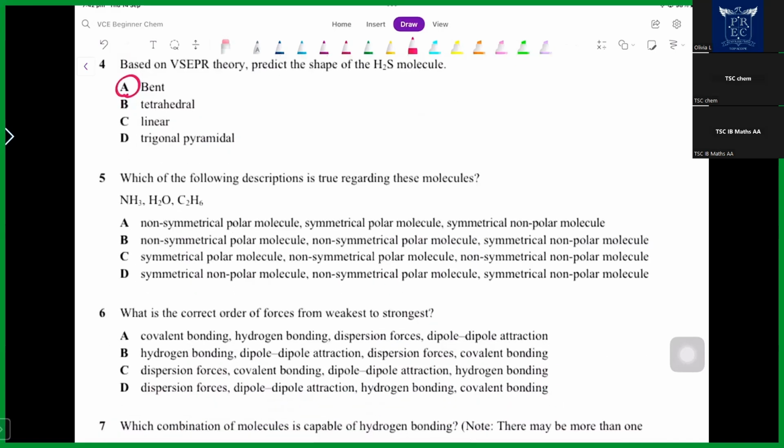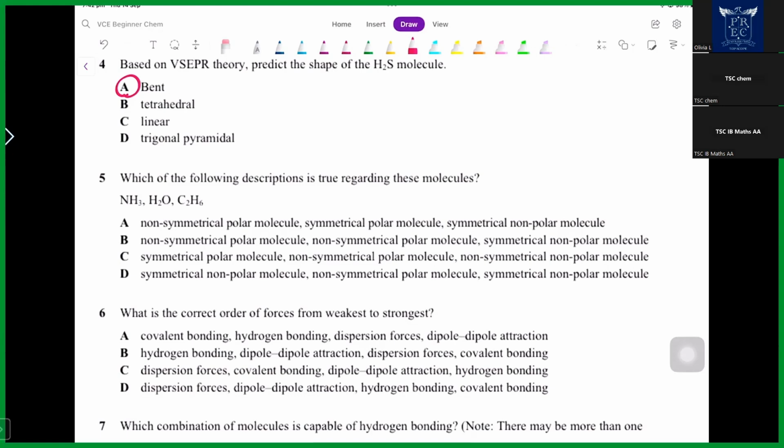Are they polar molecules? This is polar, so is A correct? Non-symmetrical, yeah, they are. NH3 is non-symmetrical. Only a non-symmetrical molecule will be polar. So the first one is non-symmetrical polar. The second one is symmetrical polar. The third one is symmetrical non-polar.